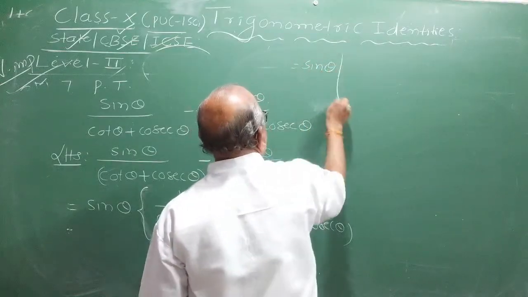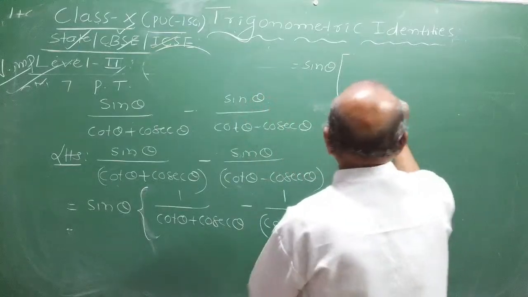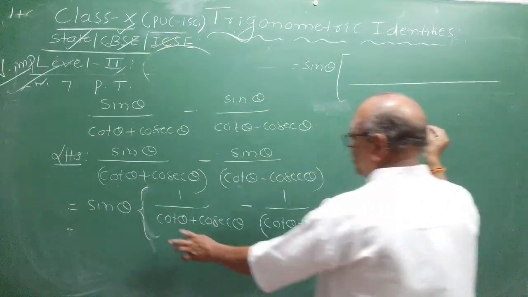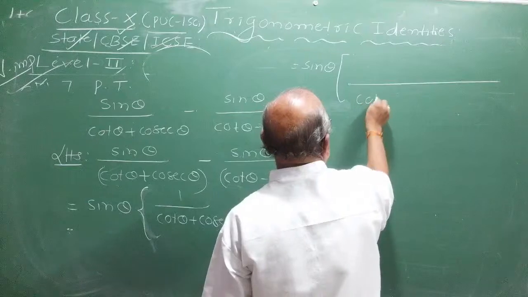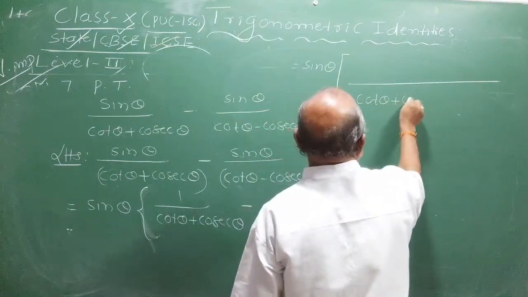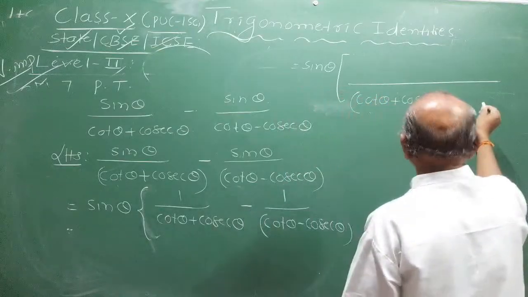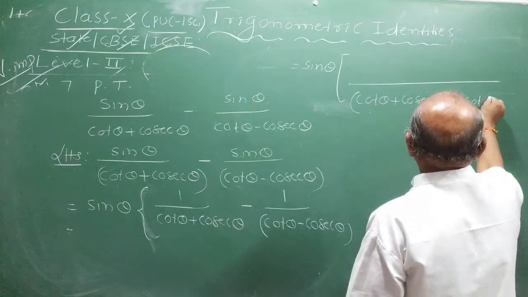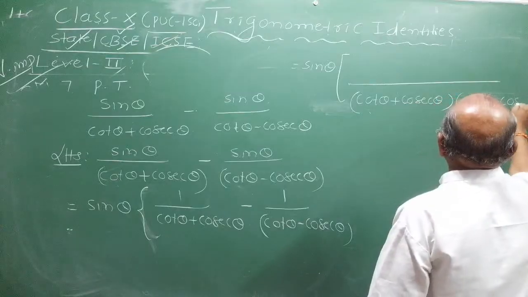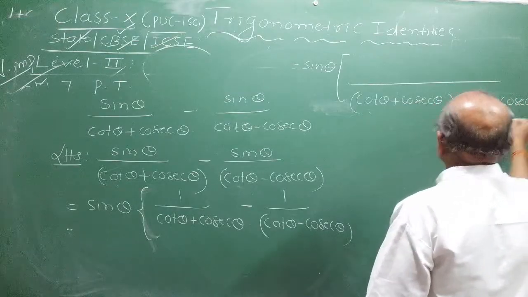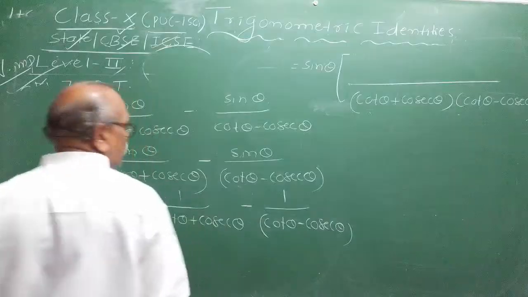Sin theta into bracket. What is the LCM here? LCM is cot theta plus cosec theta into cot theta minus cosec theta. The more you practice, the more skills will be developed.